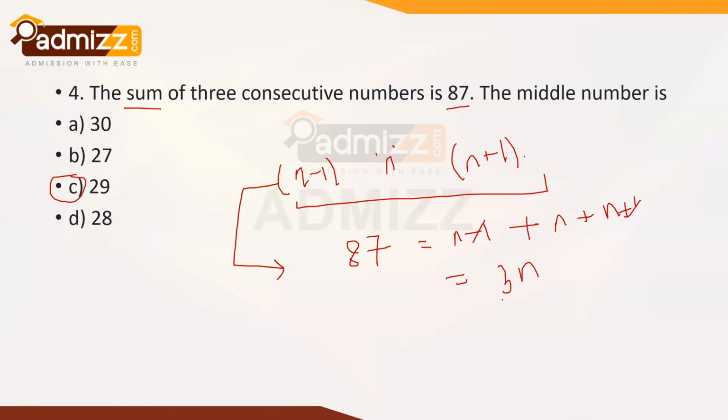And basically the answer is n equals 87 by 3, which is equal to 29. So 29 is the middle number, because n is what we initially chose as the middle number. Is this clear to everyone?